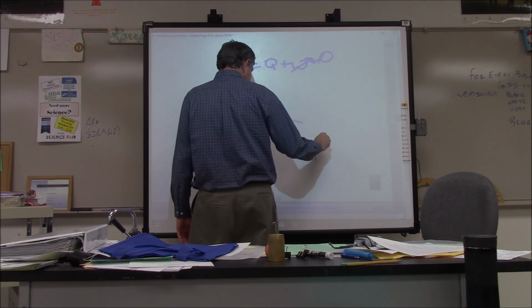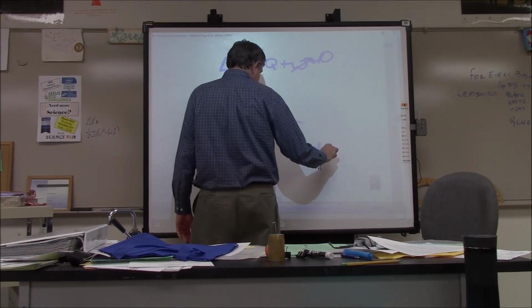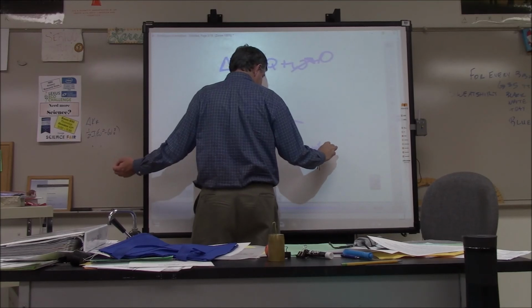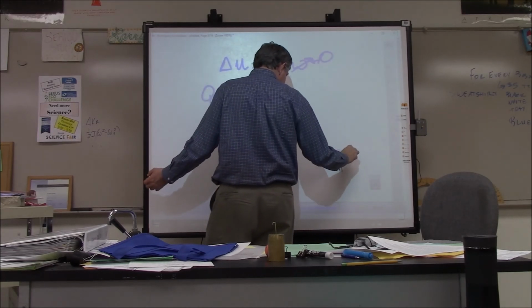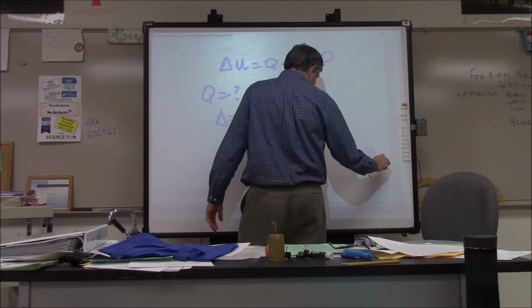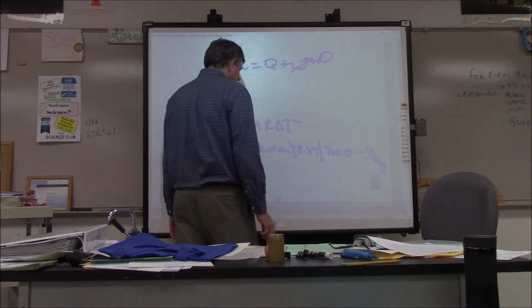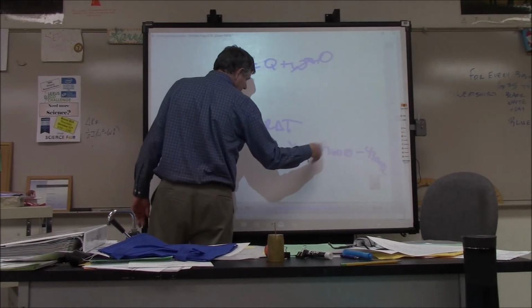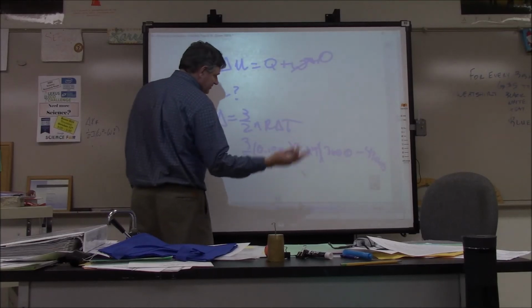And then my final temperature was, what was that number we just calculated? 3,600. And then the initial temperature was 4,300. So do the math. Take 3/2 times 0.1 times 8.314 times 3,600 minus 4,300.